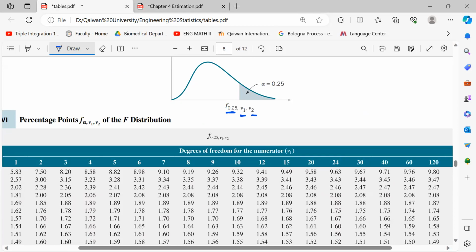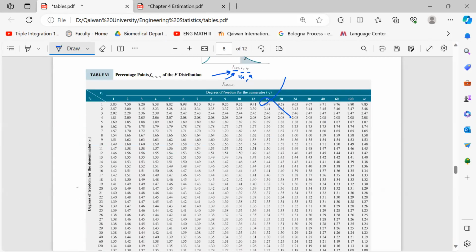We cannot use this table because it's for 0.25. Let's look for 0.05.